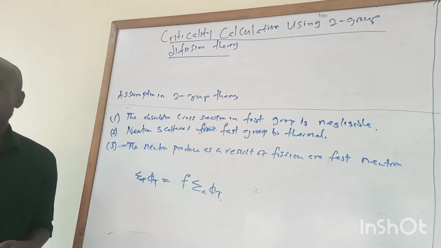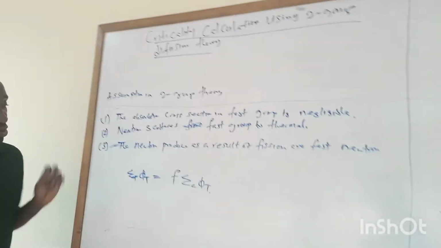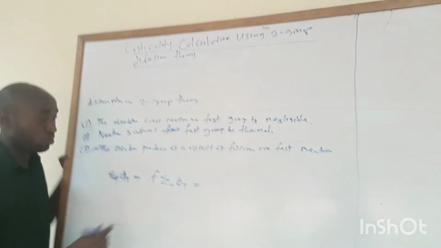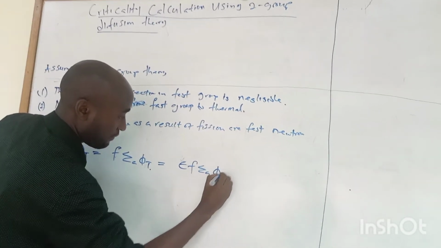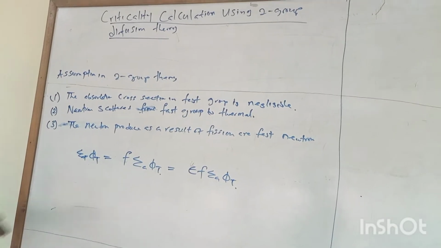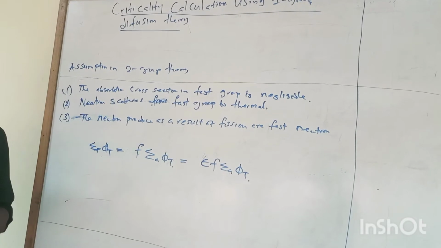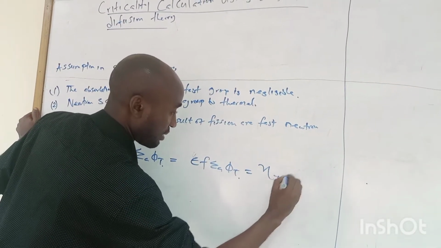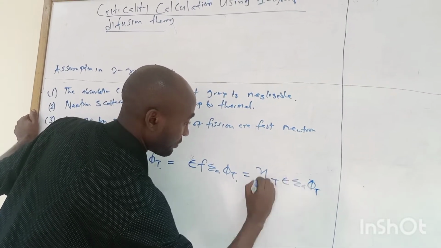Let's also assume that there will be some fast neutrons that can cause fission. So we add the fast fission correction factor ε, which gives ε f Σa φT. Now, the average number of neutrons produced per fission, η, when added gives η ε f Σa φT.